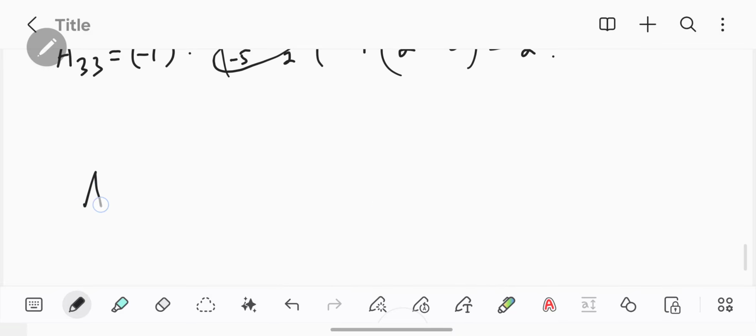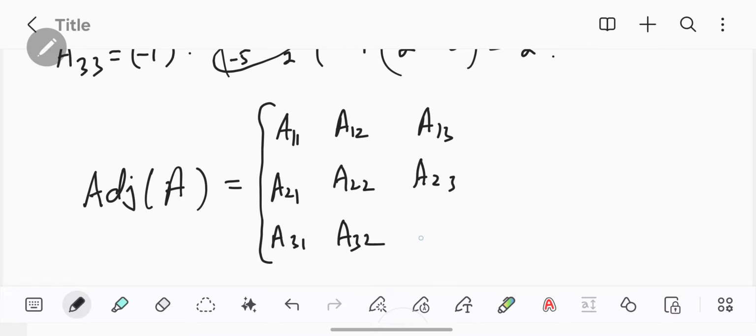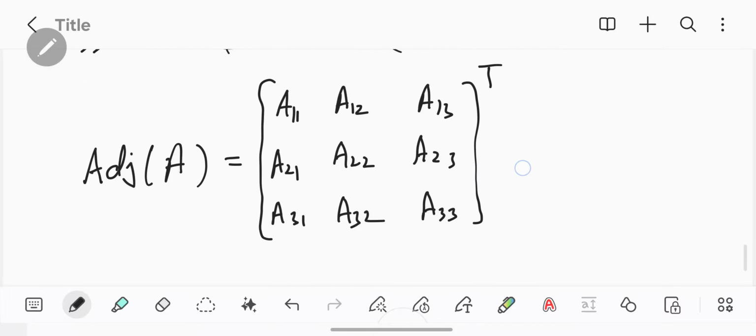So now I will find the adjoint of a matrix A, which is just A11, A12, A13, A21, A22, A23, A31, A32, A33. But I need the transpose of this matrix.